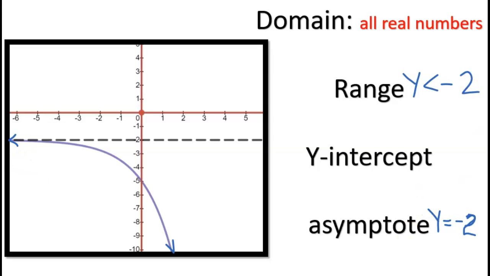Because it's been flipped upside down, this is less than the asymptote, and so we have a less than sign in there. The y-intercept is at (0, -5). Can you take an exponential graph, label the domain, range, y-intercept, and asymptote?